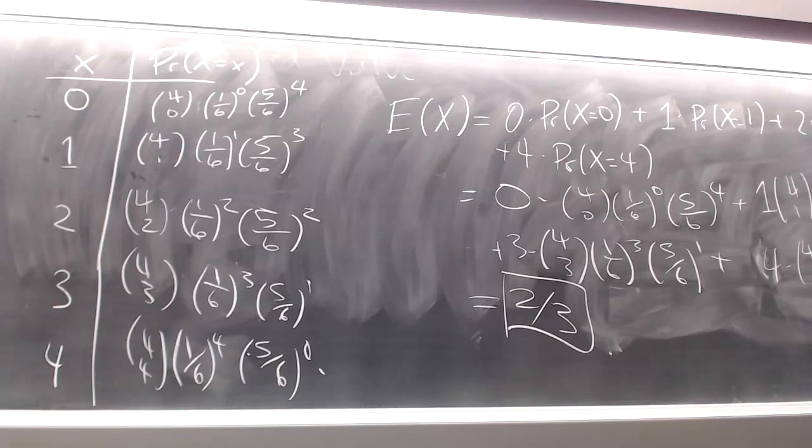So it's really important to be able to look at a random variable and determine if it's binomial. Because if it is binomial, then some of these calculations get way, way easier. So if you're computing the expectation of a binomial, you can just determine what is n, what is p, and just multiply them, and you're done.